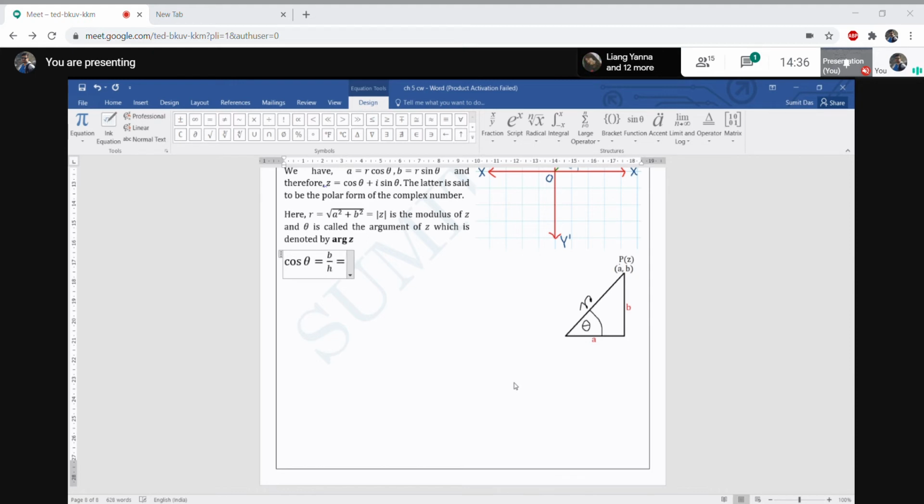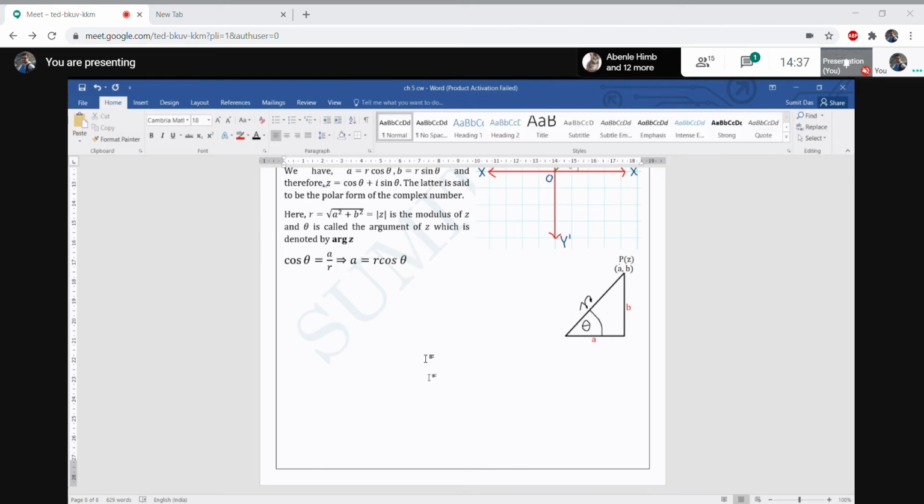What is base here? Base is equal to a. And what is hypotenuse? r. So we have cos theta equal to a divided by r. Base divided by hypotenuse. If you cross multiply, a equal to r cos theta.